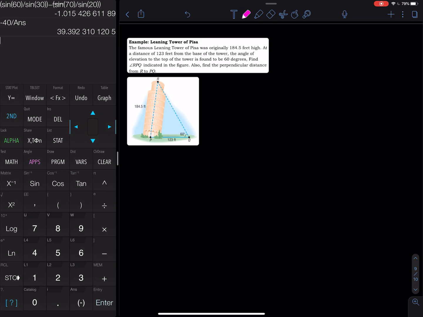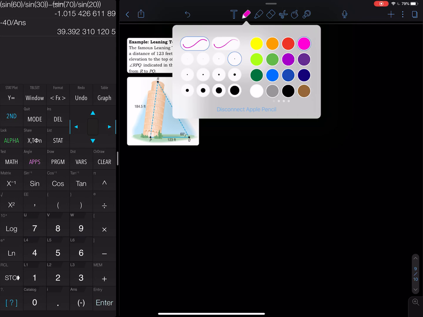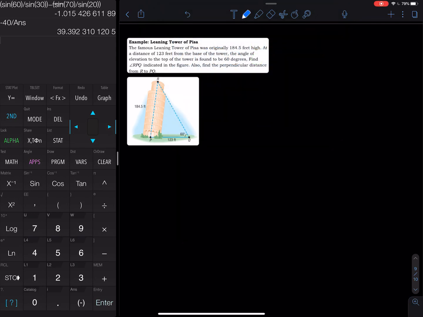Okay, let's draw a triangle. So we have this, and then this, and then this one. Keep the line straight.